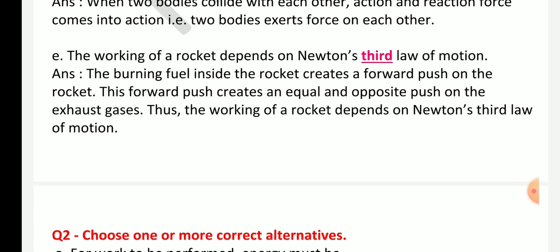Answer: the burning fuel inside the rocket creates a forward push on the rocket. This forward push creates an equal and opposite push on the exhaust gases. Thus, the working of a rocket depends on Newton's third law of motion. Understood, everyone, children?